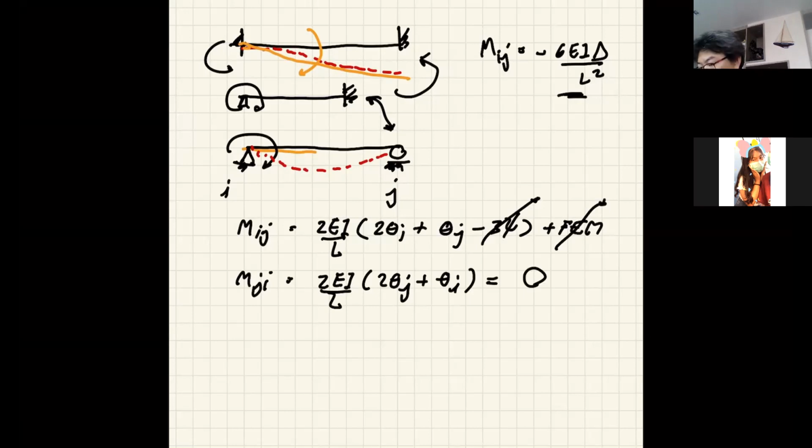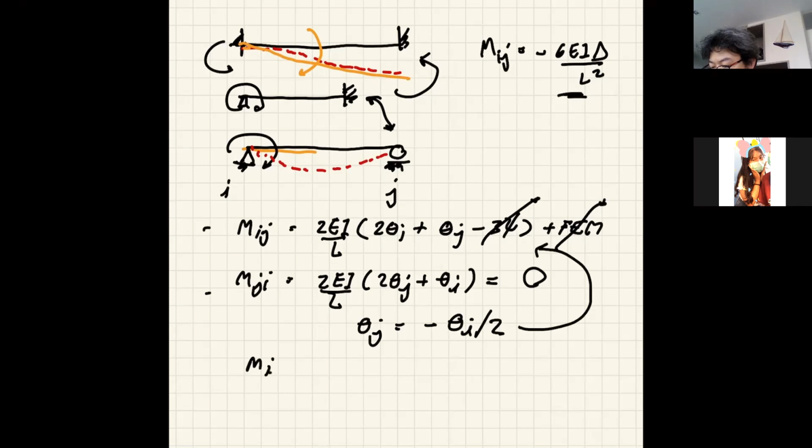So we can solve this by using these two equations. We can realize that zeta J is equal to minus zeta I over 2. So I can bring this back into this equation.